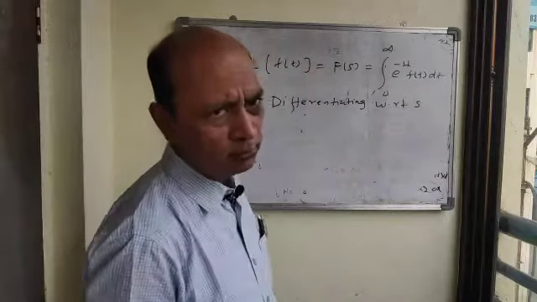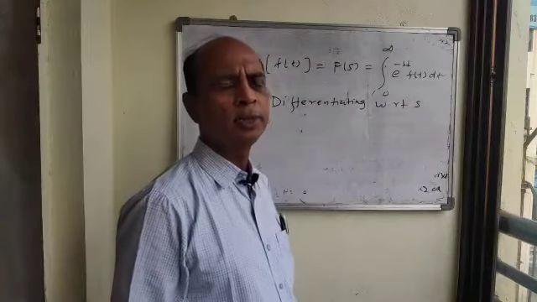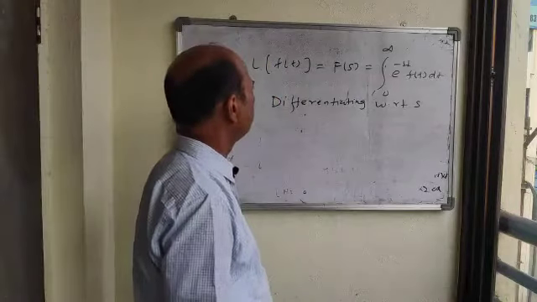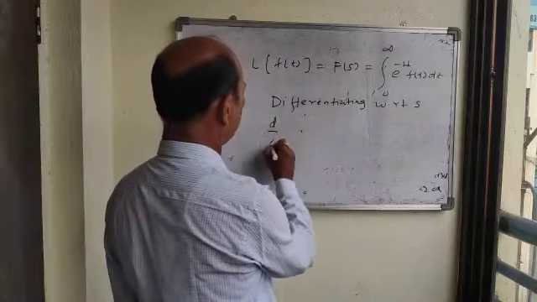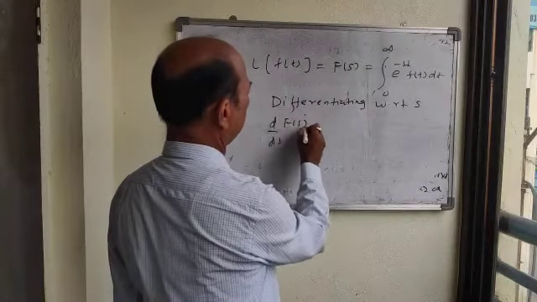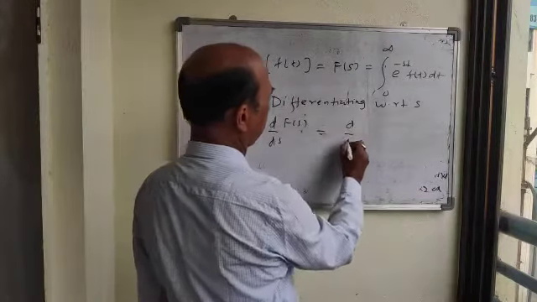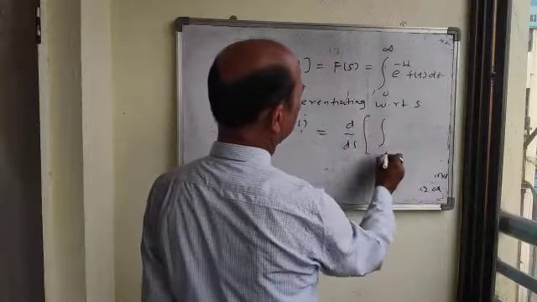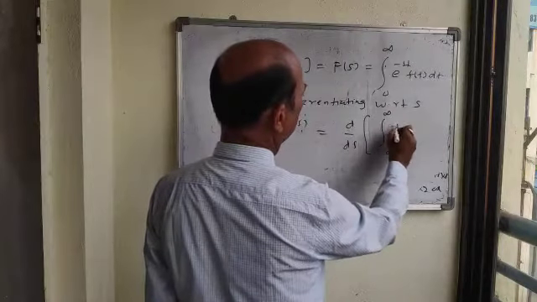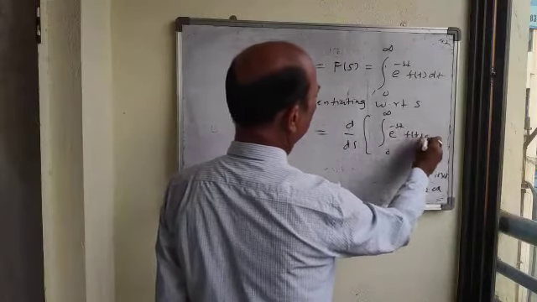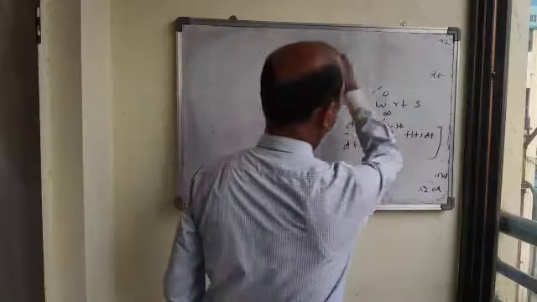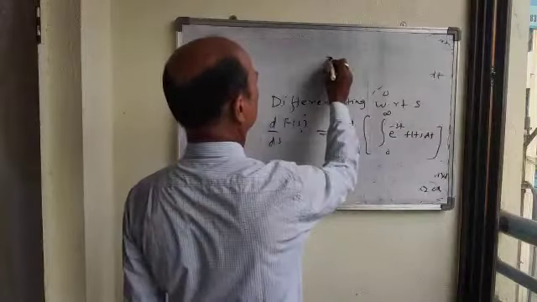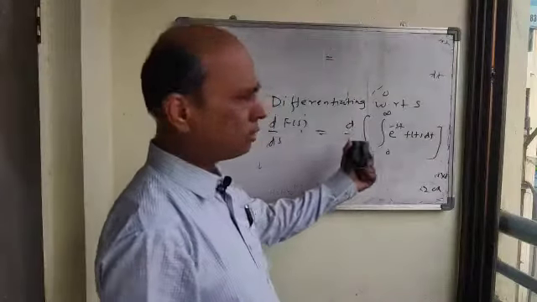So first of all, we will differentiate this with respect to s. So d/ds of F of s is equal to d/ds of this integration from 0 to infinity e to the power minus st f of t dt, which is equal to, now d/ds of integration.